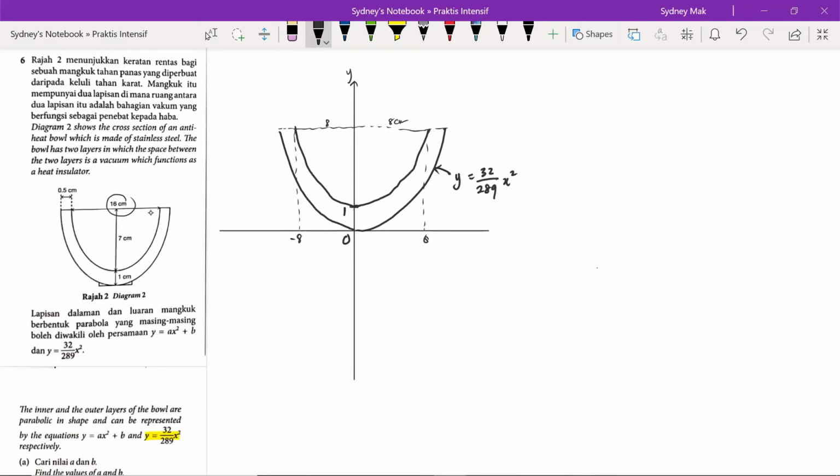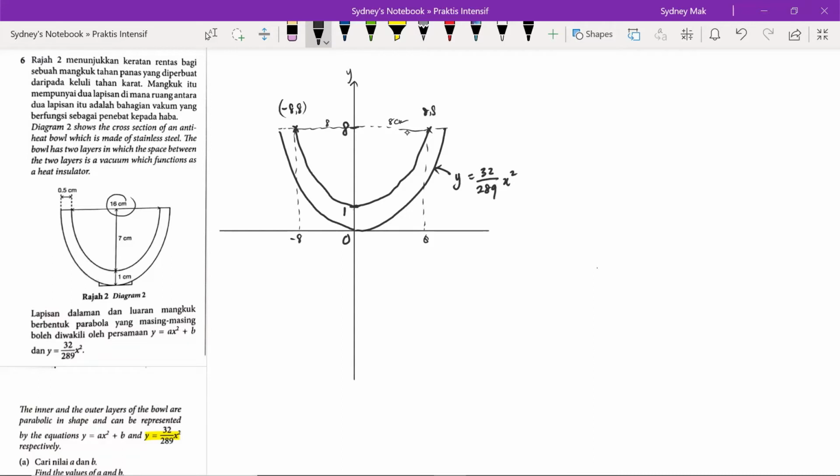And then we have a 7 cm here. That means from 1 cm, we move upwards another 7 cm. Therefore, the y coordinate here is 8. So with that, we got the coordinates -8, 8 and 8, 8, which are on the inner curve.